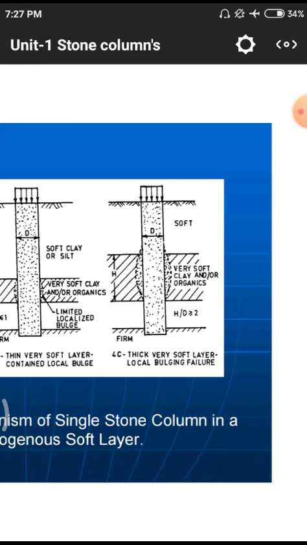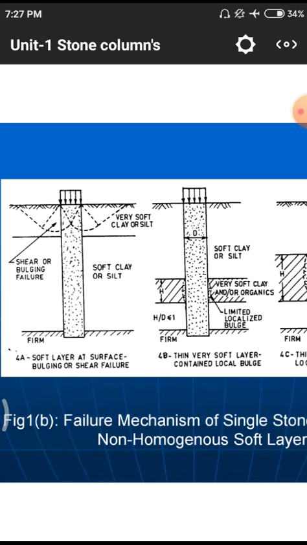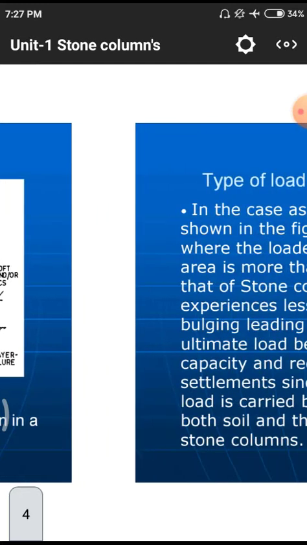That kind of phenomenon is called bulging. Likewise, in the third case also we have a thick soft layer and locally bulging also appears. These are the three failure mechanisms of these stone columns whenever a load is applied in different patterns.